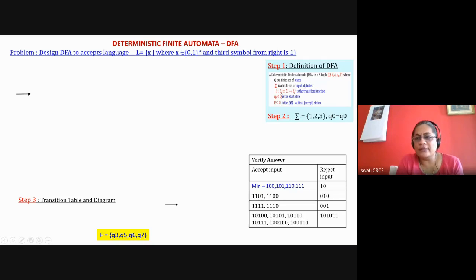Sigma is 0, 1. Here I have to make the change. Sigma is equal to 0, 1. So my third symbol from right is 1.